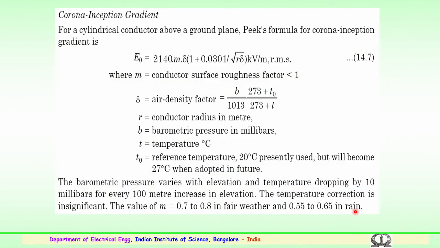So, how about the corona inception gradient? There are two factors here, corona inception from the conductors, which could depend upon the diameter of the conductor.